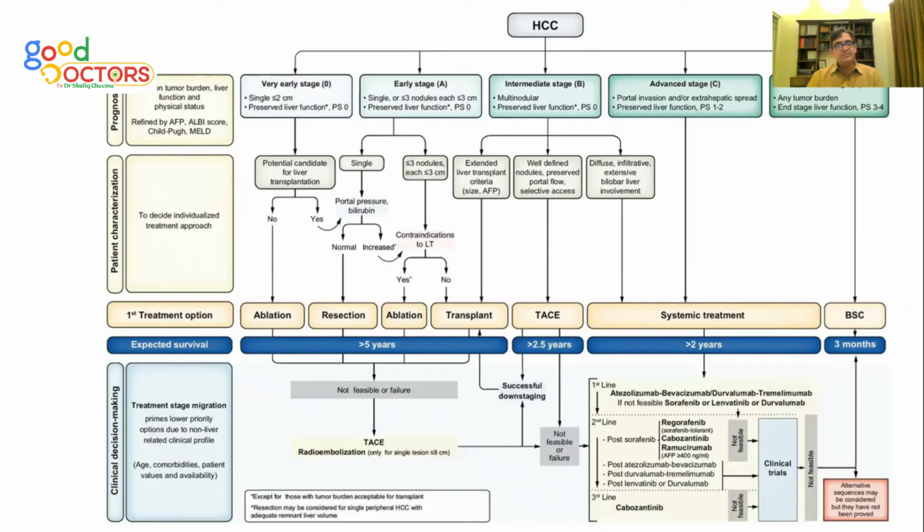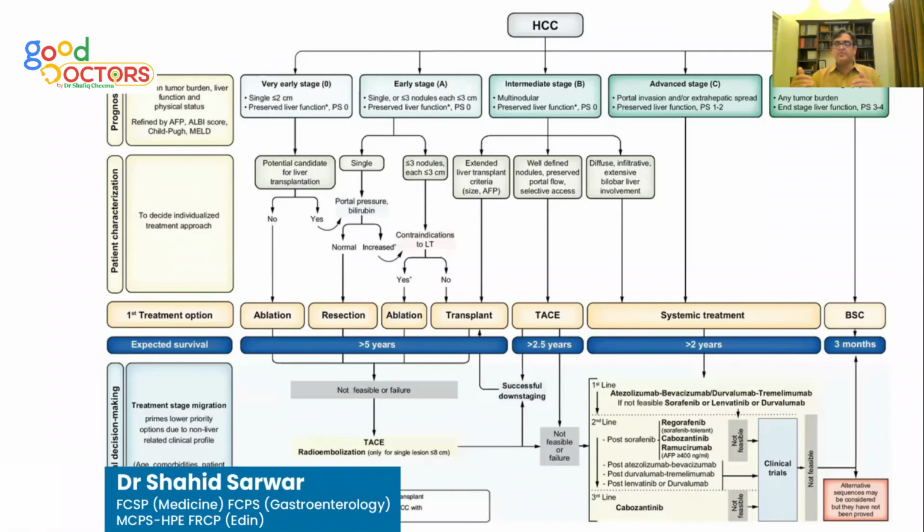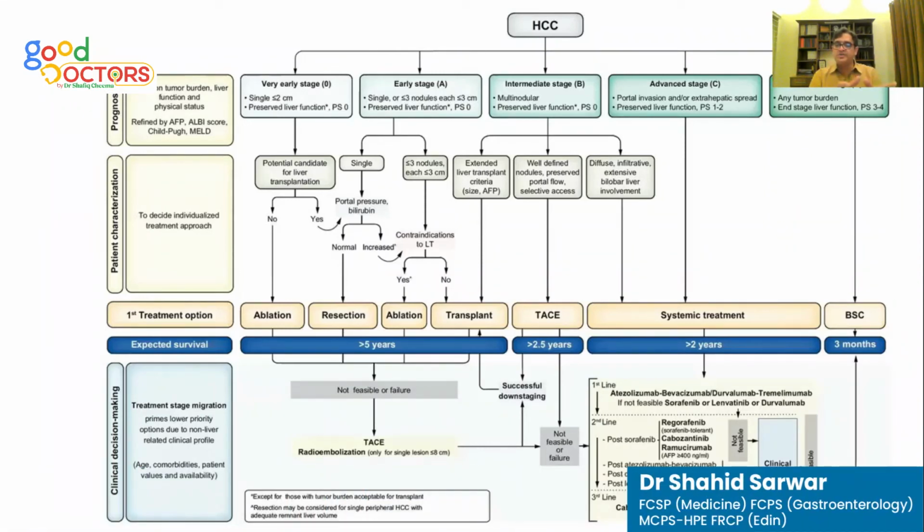For stage C, the primary treatment is chemotherapy, which is fast evolving in last few years. And we now need to see that the first line treatment option is the combination of atezolizumab and bevacizumab, along with sorafenib or lenvatinib. But that combination of atezo and bevi is now becoming more and more popular because of the better results.